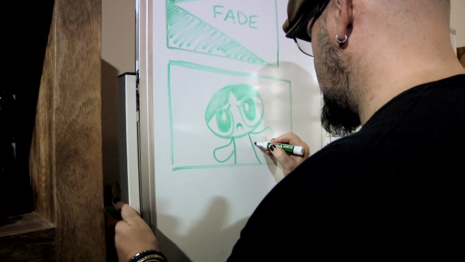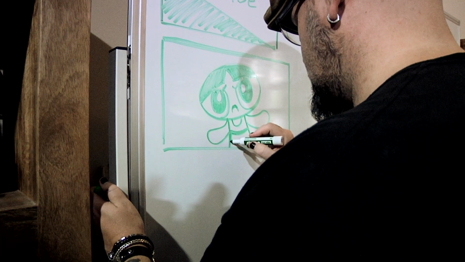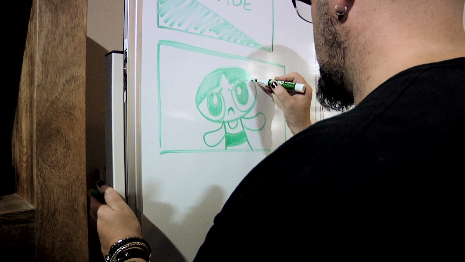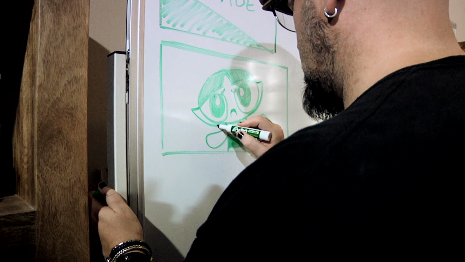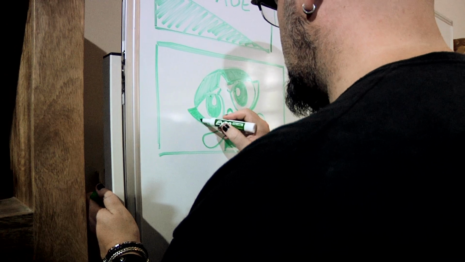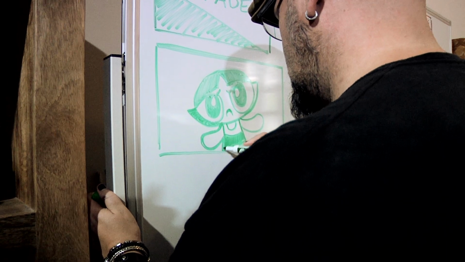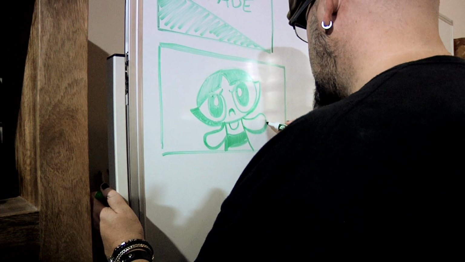Powerpuff Girls are super cute because they don't even have thumbs or fingers. And to really get that look that Craig McCracken designed, they have kind of this vector look.